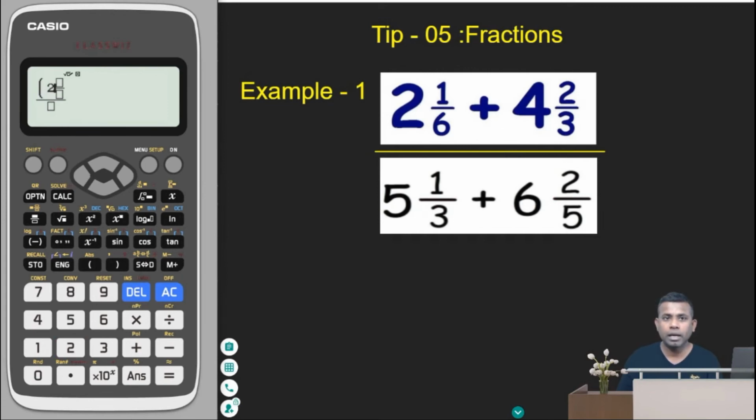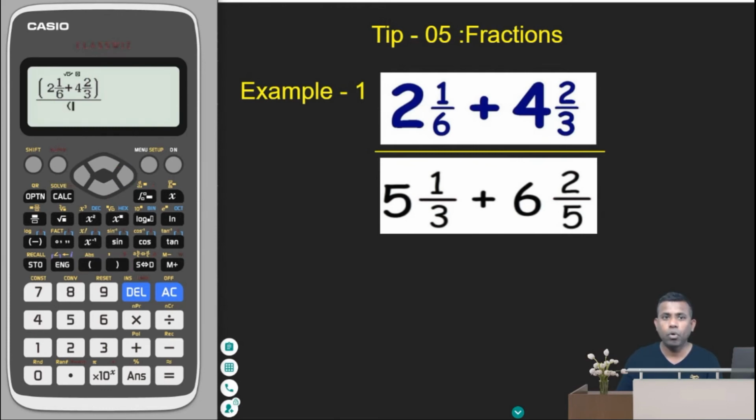You are entering the mixed number format, 2 1 6, right-hand side, and plus, again shift and right-hand side button, 4 and 2 down is 3, and bracket close.